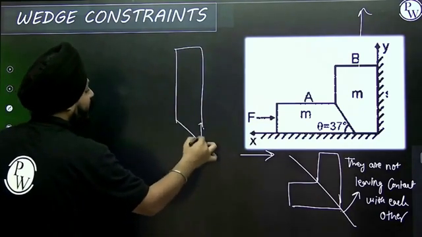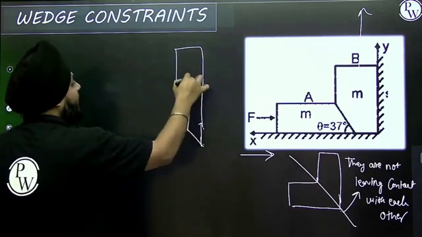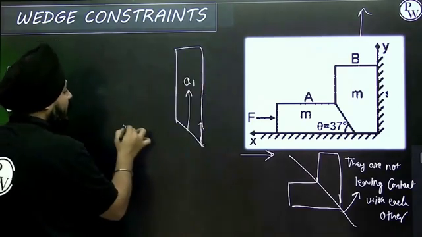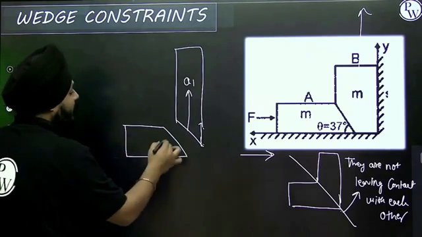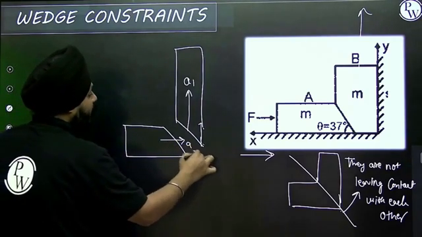This is the vertical block, and it has to move upward with acceleration A1. This is the horizontal one, and it has to move to the right with acceleration A2.